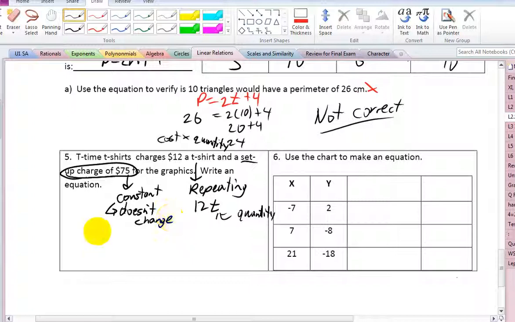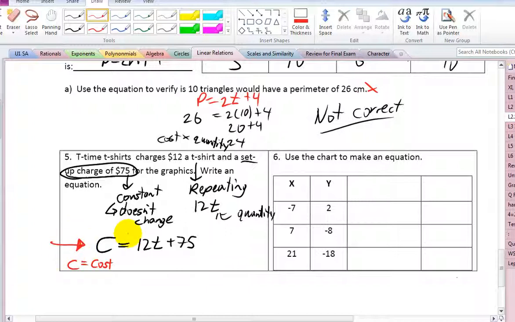Okay, so the equation would be the cost equals 12 times the number of t-shirts plus the $75 charge to set everything up. Okay, and so C would equal cost. We would try and make our letters for word problems represent what we're talking about. Okay, it makes it a little easier. Any questions with number 5? Okay, so this is kind of repeating our word problems unit with a slightly different take on it.